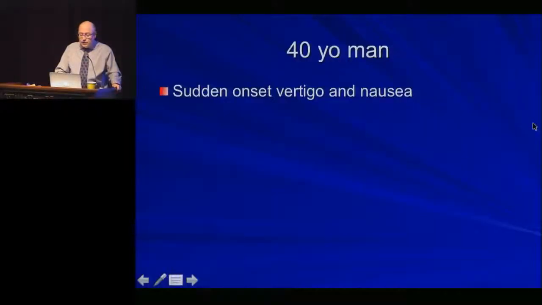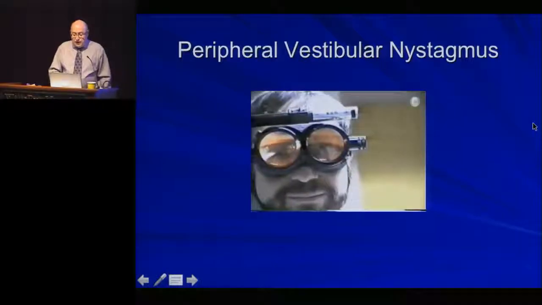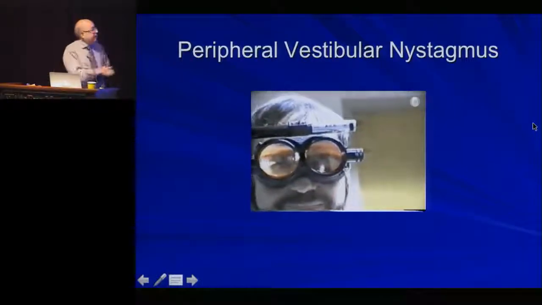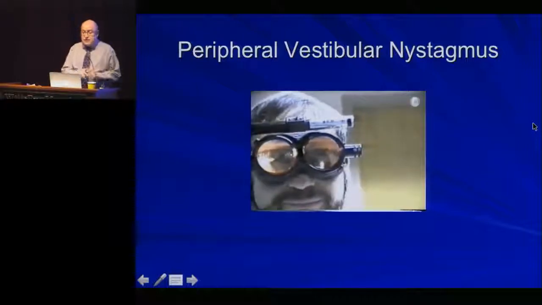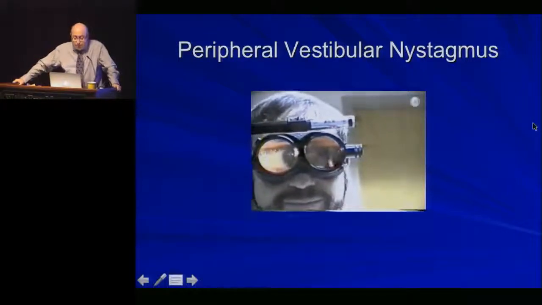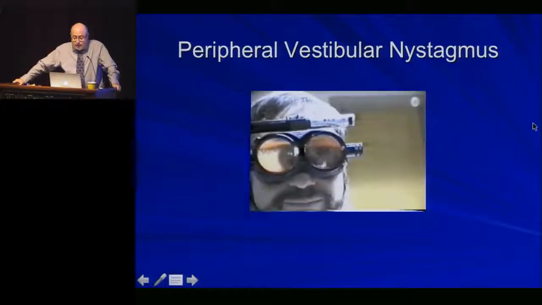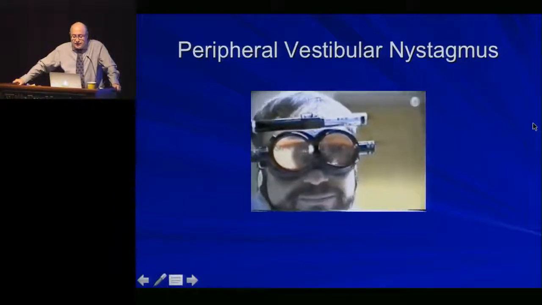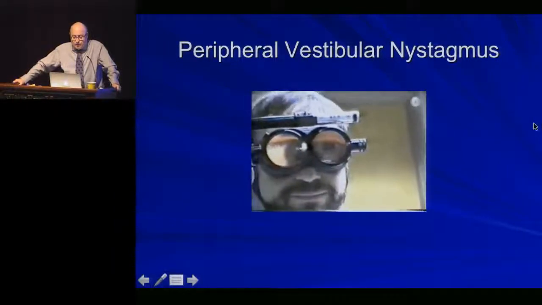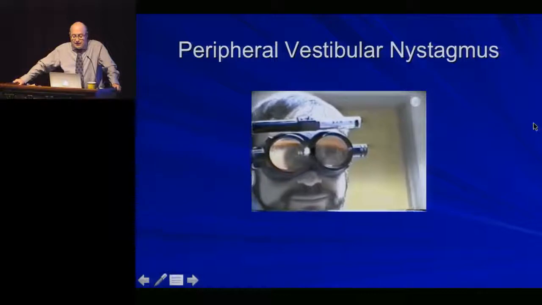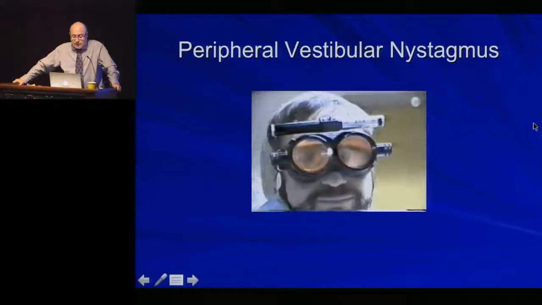So let's take a look at this 40-year-old man with sudden onset vertigo and nausea, and we have Frenzel goggles on him, and we see a left beating nystagmus. Okay? Left beating, it's in left gaze, it's still left beating. Without the goggles, you would not see this well, because with fixation it goes away.